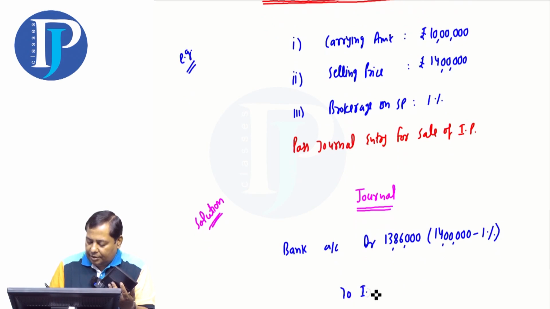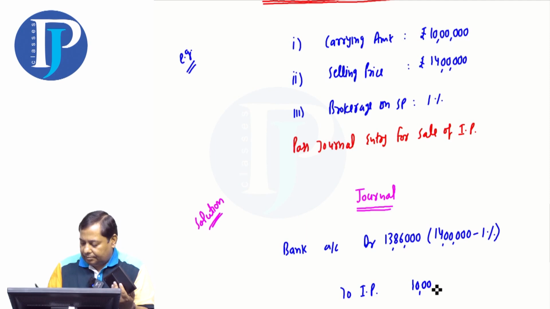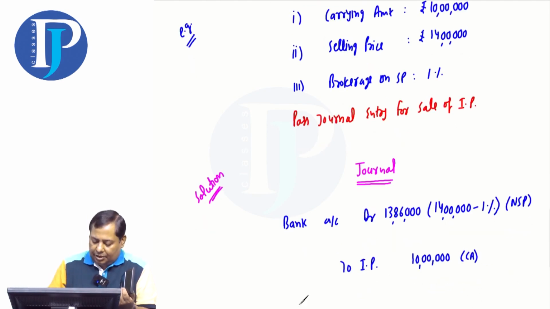To investment property, carrying amount is 10 lakhs. This is NSP. This is the carrying amount. Rest is profit.